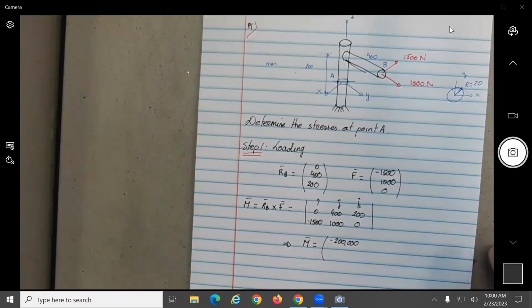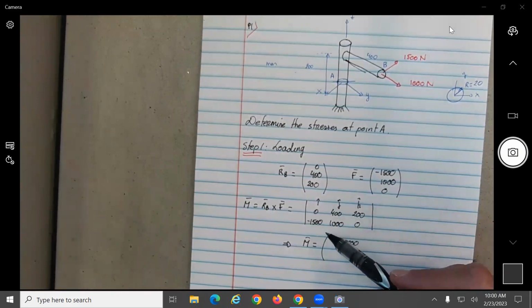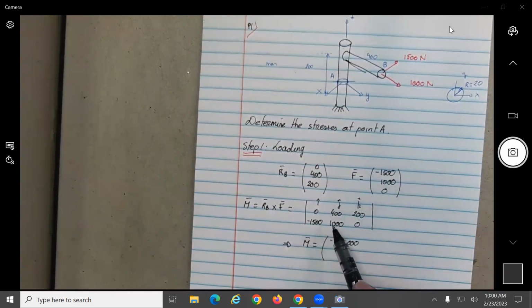Okay. So the next one will be negative. So we have 0 times 0. So it will be positive. So it will become again negative. So 1500 times 200 will be what? 30 plus 4 zeros. So I guess it's negative 200,000.